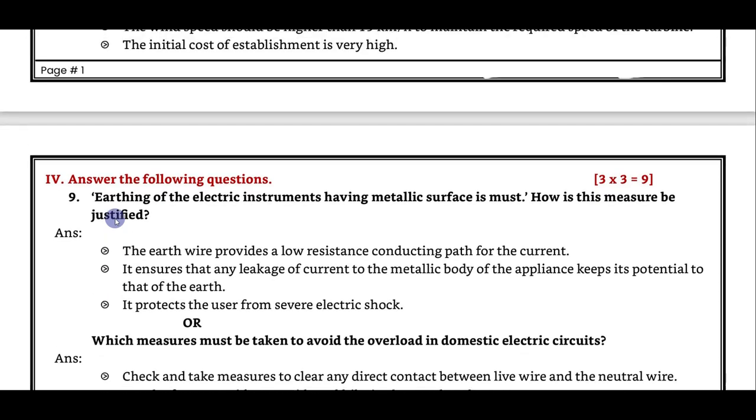Because the earthing provides a low resistance conducting path for the current. In case of any leakage, the current flows through the earthing wire and it prevents the user from severe electric shock. These are the 3 reasons you should write.